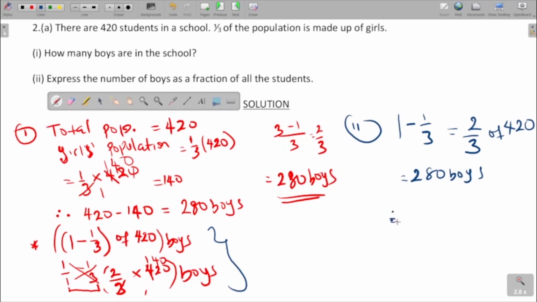That is therefore 280 over 420. 0 cancels 0, we have 28 over 42. 2 cancels here, we have 14, 2 cancels here, we have 21.